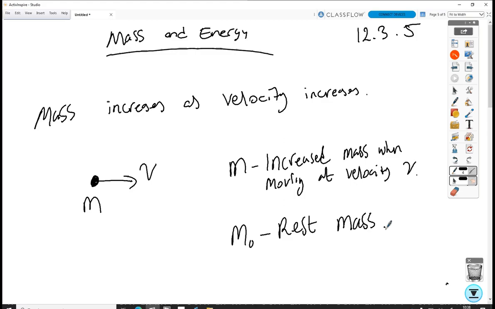So a moving observer will observe the masses of objects to have increased if they're moving quickly.